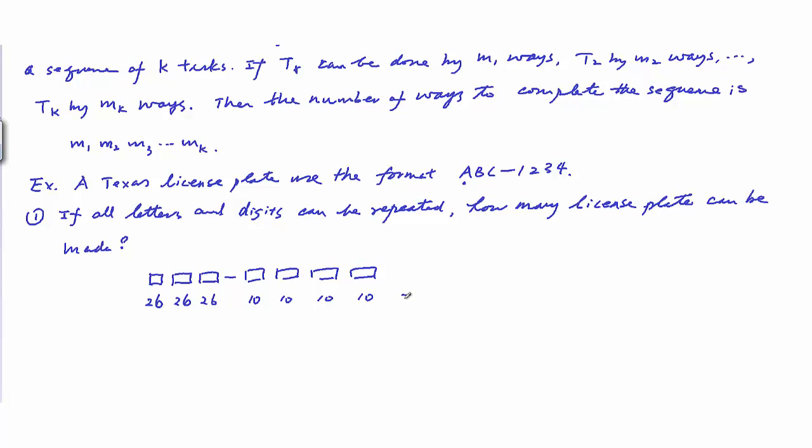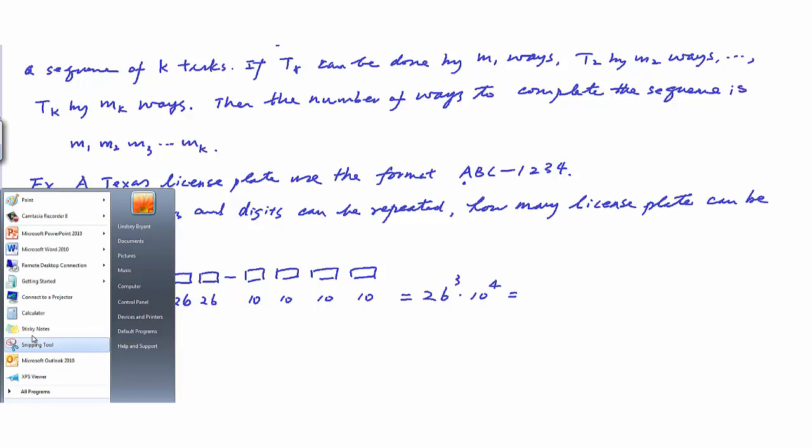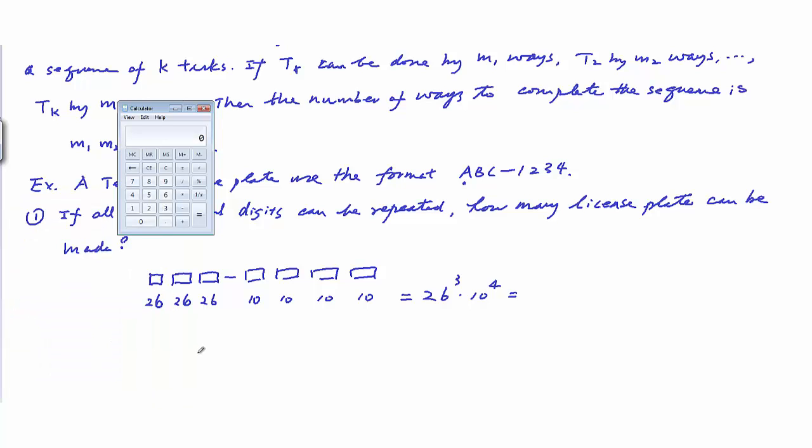So therefore, the total number of license plates we can get in this format is 26 to the third power times 10 to the fourth power. And if you punch it in a calculator, this will give you a number, for curiosity.